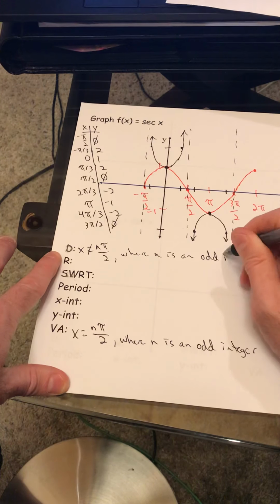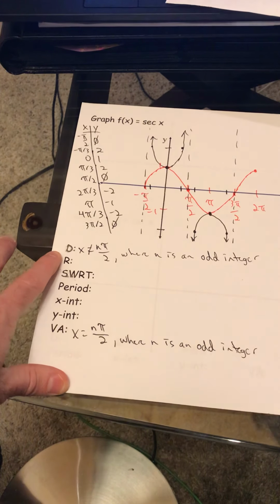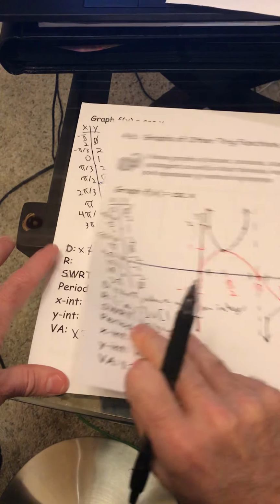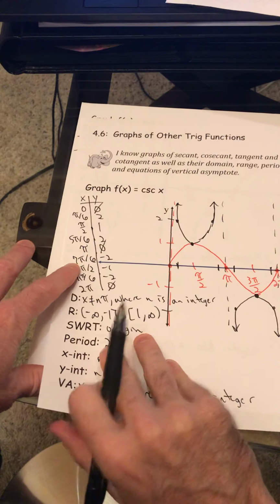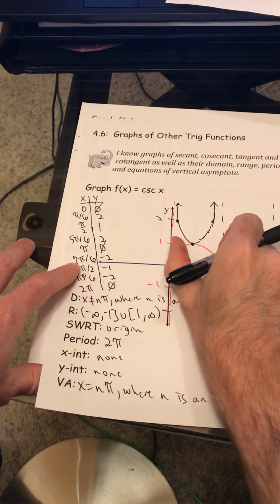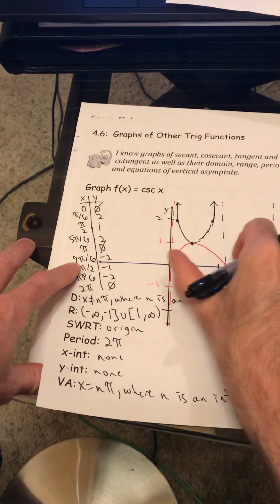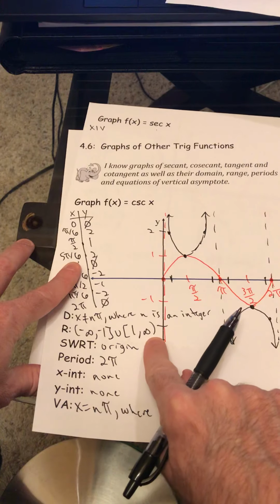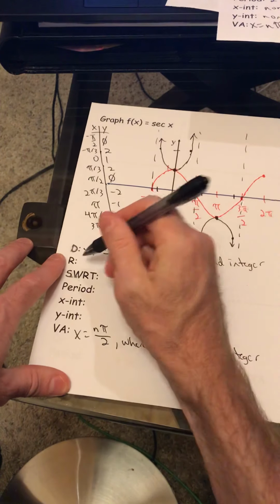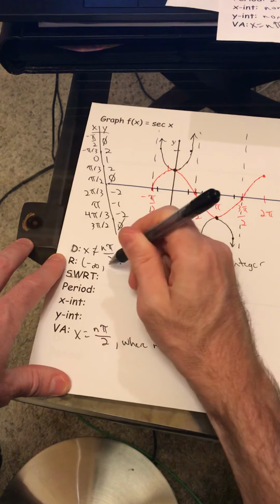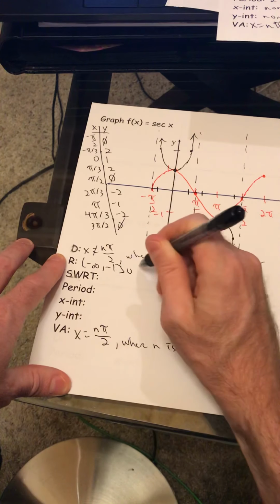As far as the range goes, well, we've discussed how sine and cosine are just shifts of each other. Well, cosecant and secant are also shifts of each other as well. So the range of cosecant will be the exact same range for secant.